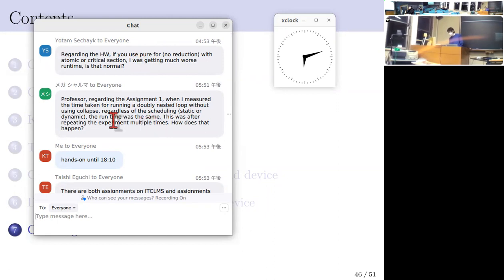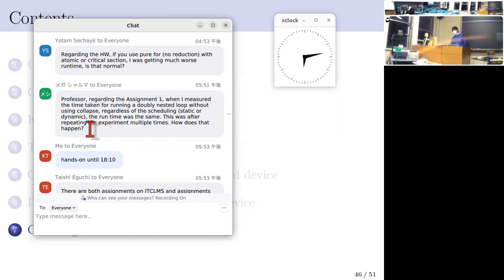The other question, I don't think I can answer right away. You don't see any difference in performance between different scheduling policies. No matter whether you use static or dynamic, the performance didn't change. Is that the way it's supposed to be? I don't know.